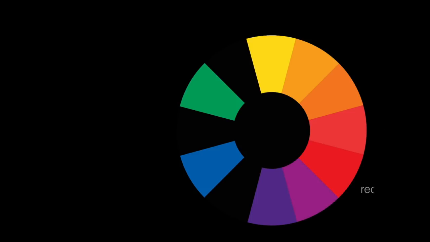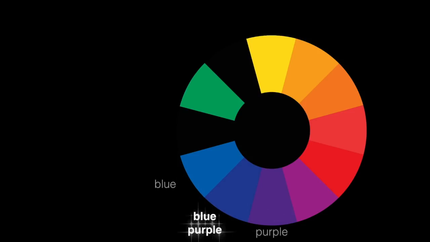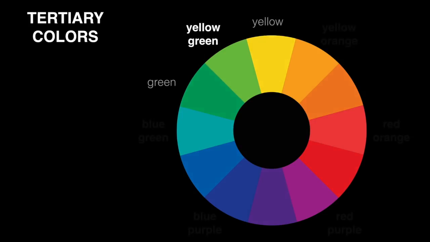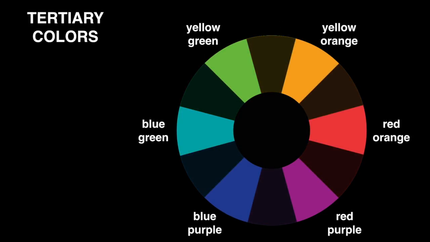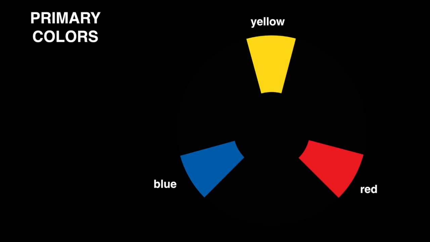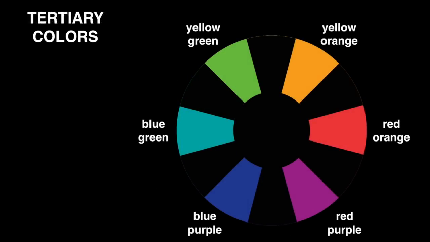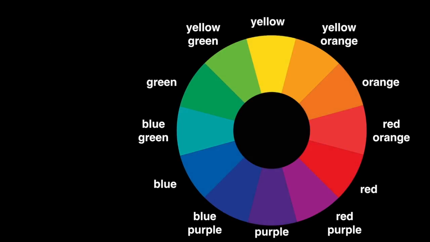Red with purple, who would have guessed? Red purple. And we go on to get some blue purple, blue green, and yellow green. And we have the tertiary colors. Let us resume. 3 primary colors, 3 secondary colors, and 6 tertiary colors.